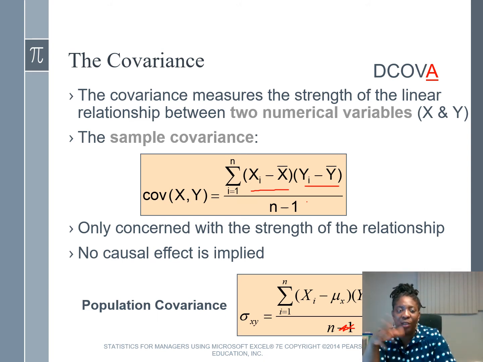There is no causal relationship implied. All we're saying is that one moves strongly relative to the other. When one goes up by 1, the other goes up by 1. Age and height are variables that I expect to move together. Calorie intake and weight, those are variables that I expect to move together in a positive direction.